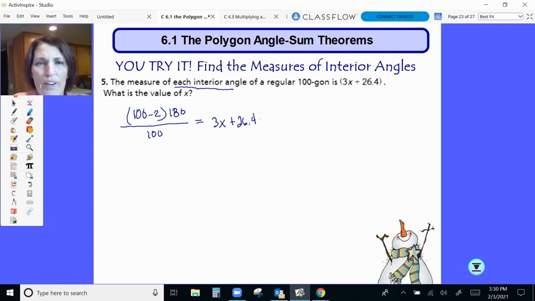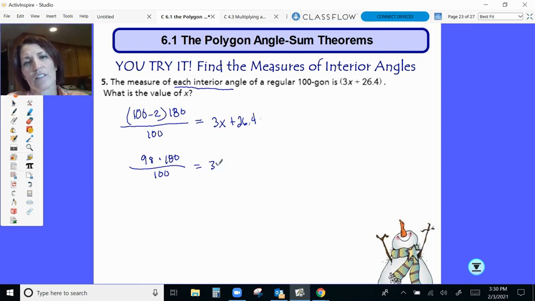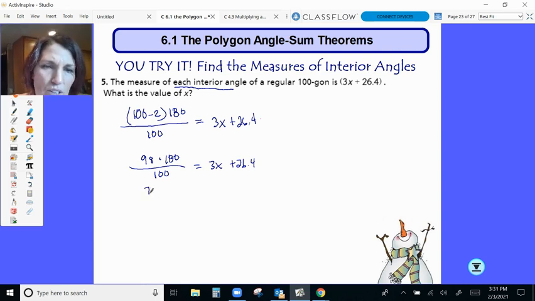Okay, right here. So then this is going to be 98 times 180 over 100 equals 3x plus 26.4. So 98 times 180 is going to be, well, I'm just going to go ahead and divide that by 100 also. That's going to give us 176.4.